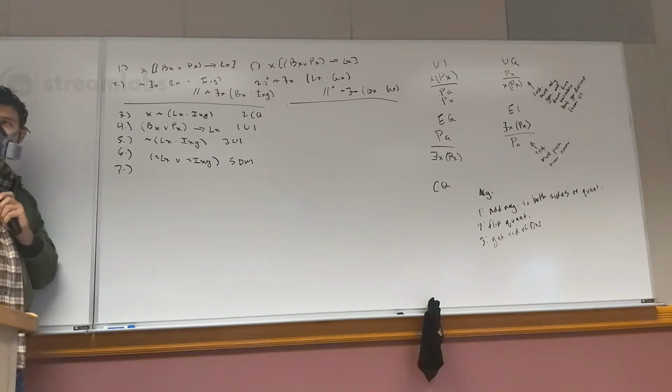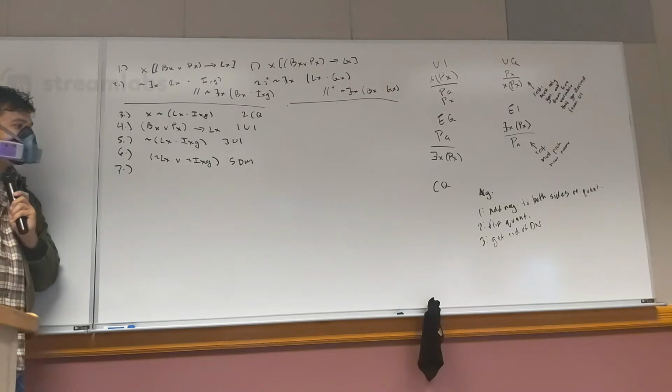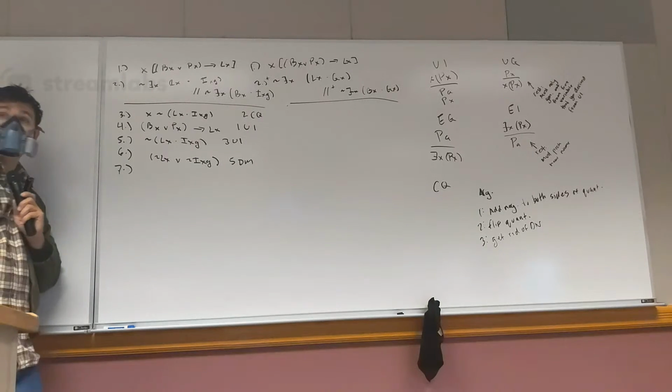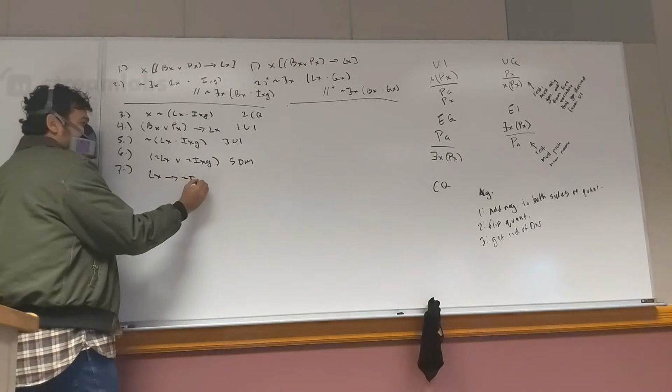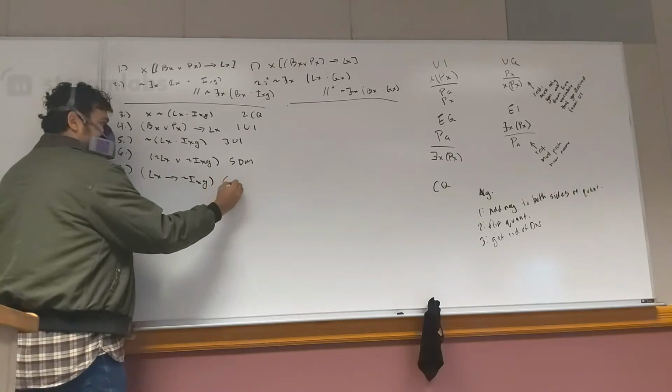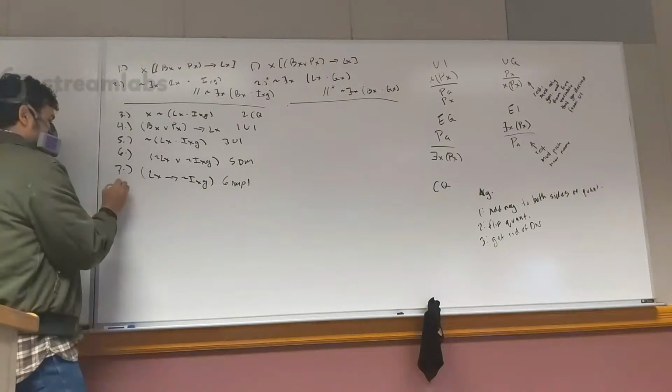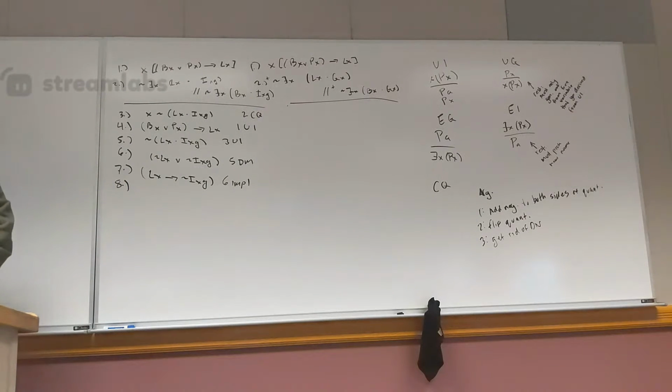Where can I go from there? We can try it, I don't know if it'll get us anywhere. And so then from there you can do a hypothetical syllogism. What lines? With 4 and 7.